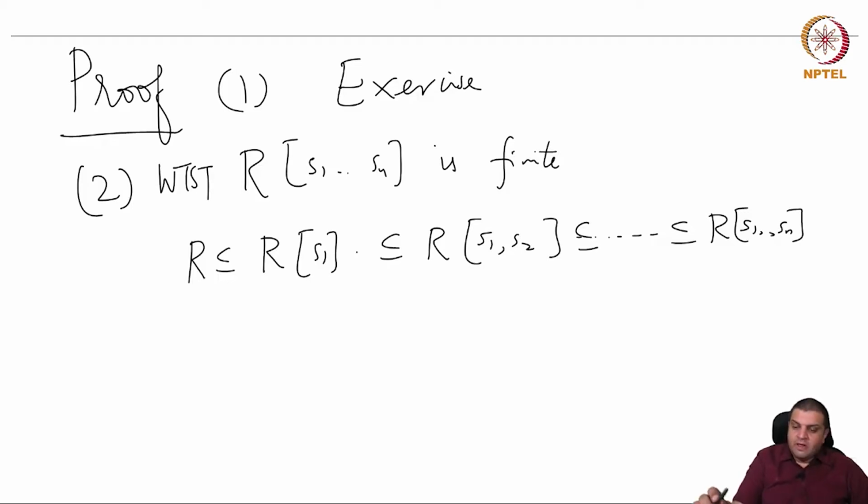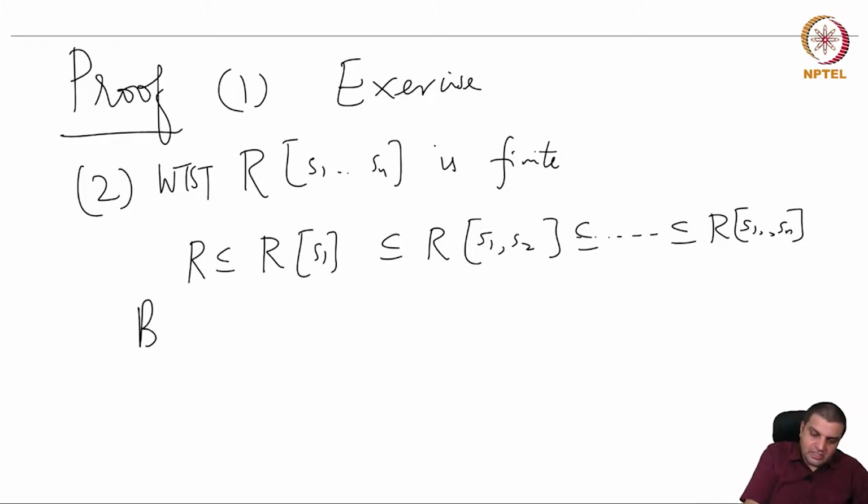Now just one more observation. s2 is integral over R, hence it is integral over this intermediate subring also. Similarly, any si here is integral over the subring generated by R and the previous elements. So at each stage, it is just adjoining one integral element.